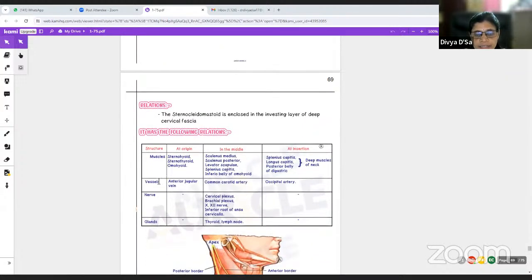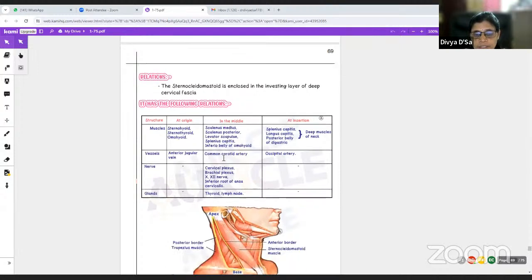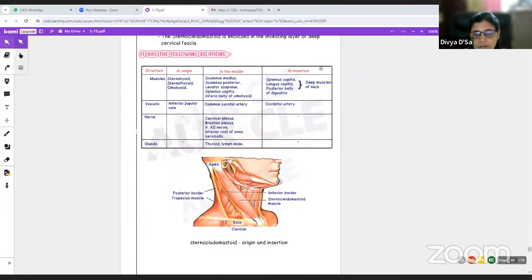What are its relations? Muscles: near the origin, it is related to sternohyoid, sternothyroid, and omohyoid, and in the middle, it is related to scalenus medius, scalenus posterior, levator scapulae, and splenius capitis, and this is the inferior belly of omohyoid.